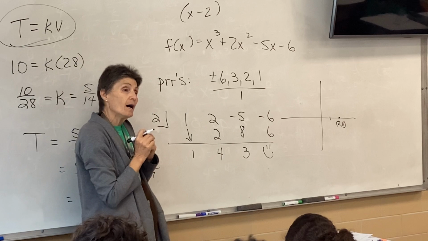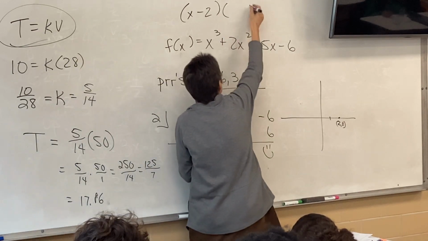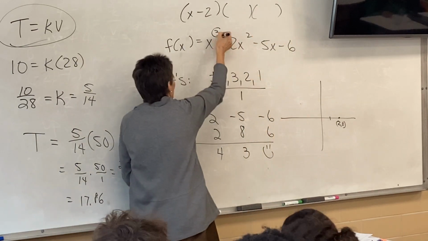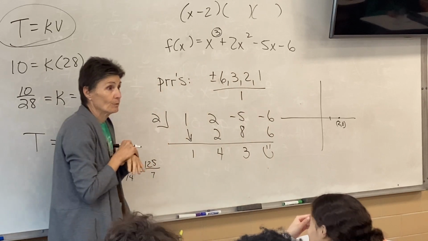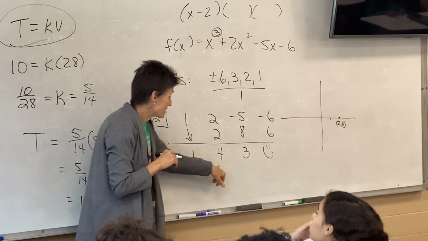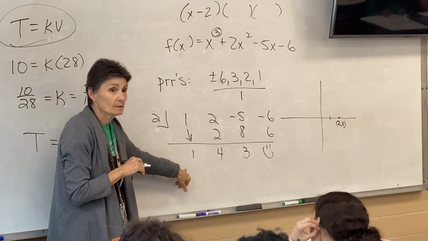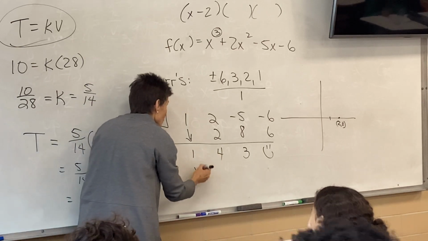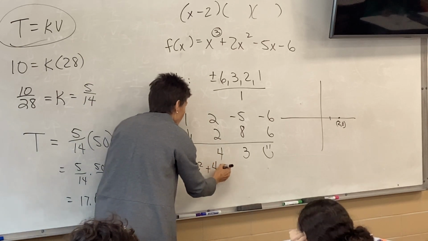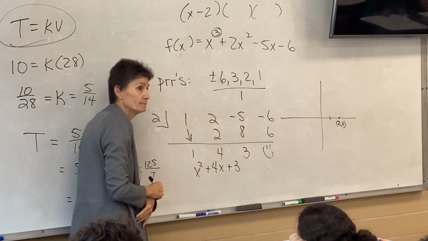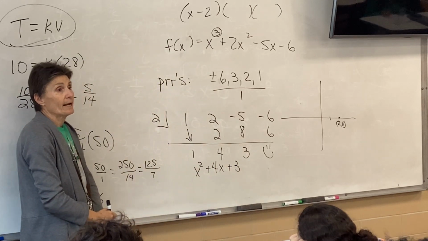Where do I get the other 2? Because there's going to be 3 factors. Where do I get the other 2? I take this guy right here, which is x squared plus 4x plus 3, and I factor him.